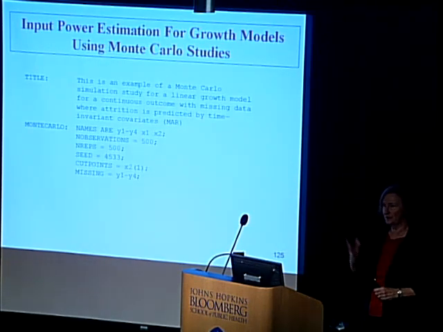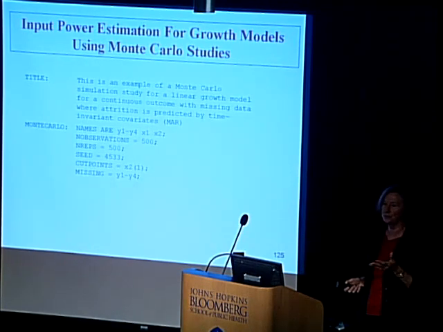In the user's guide, those of you who use Mplus know we have about 125 examples. And although they're based on simulated data, this simulated data came about by us doing a Monte Carlo study for each of those examples to generate the data. So if you want to do a Monte Carlo study, then you should look in the user's guide, find the example that's closest to your own analysis.